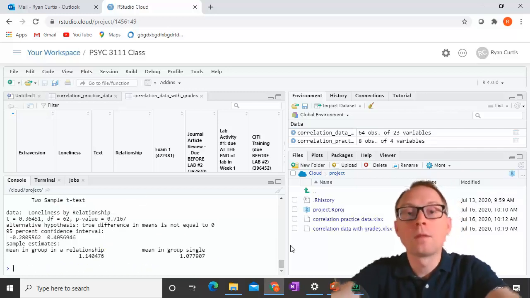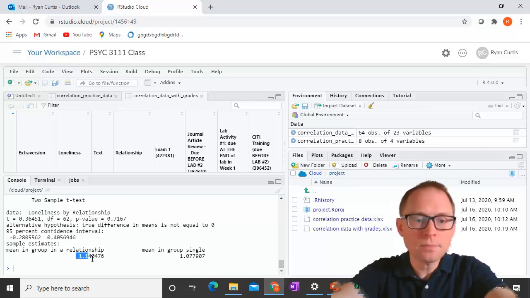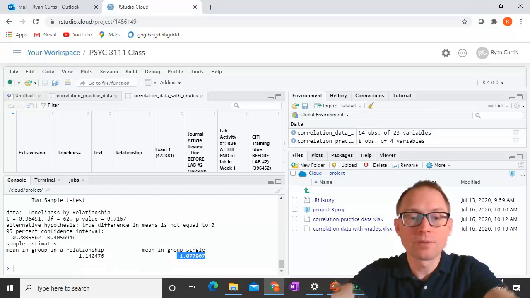Okay, you tell me, are we going to say that people who are in a relationship are less lonely than people who are not in a relationship? So first of all, you should take a look at this. This is real data, by the way. This is the mean amount of loneliness for people who are in a relationship. This is the mean amount of loneliness for people who are single.